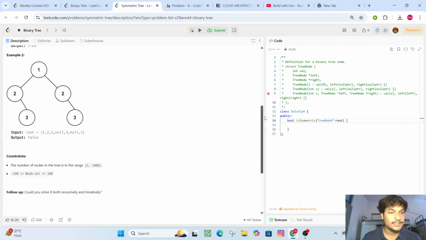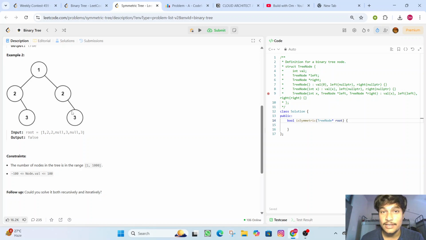In the second case we see 1, and if we cut at 1 in a symmetric order, 2 2, 3 3. Both 2s are mirror images because they are both in the middle. And 3 here is at the right node of 2, and 3 is also at the right node of 2 here.